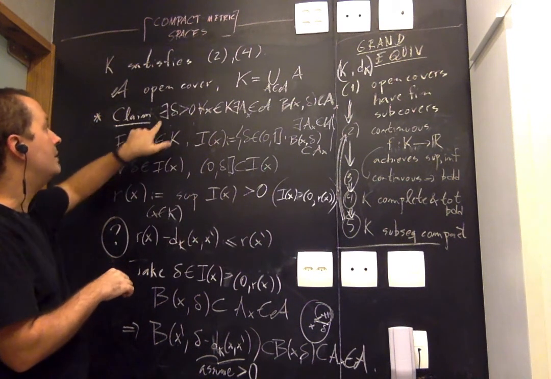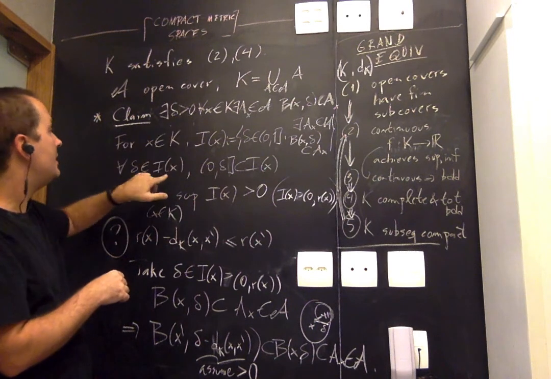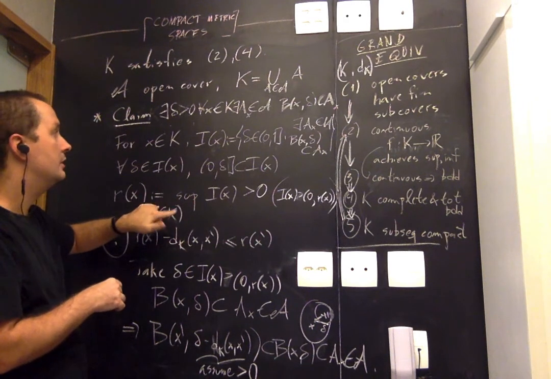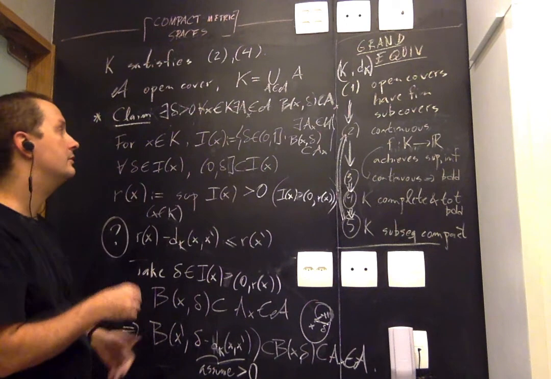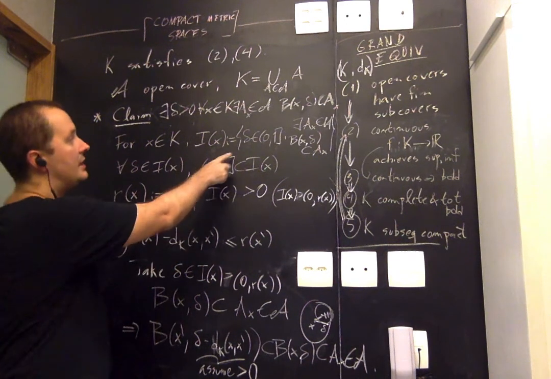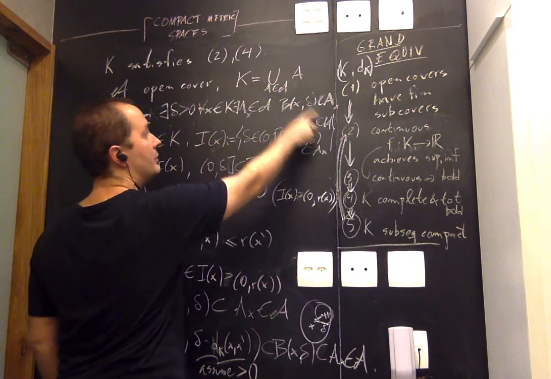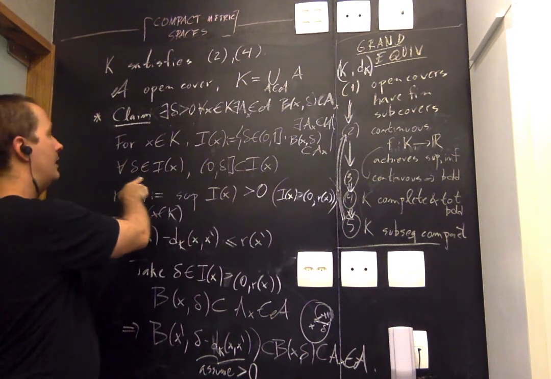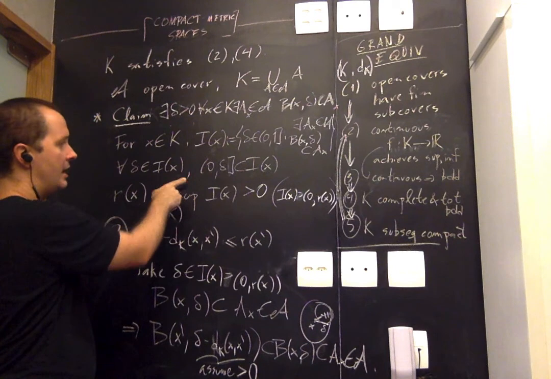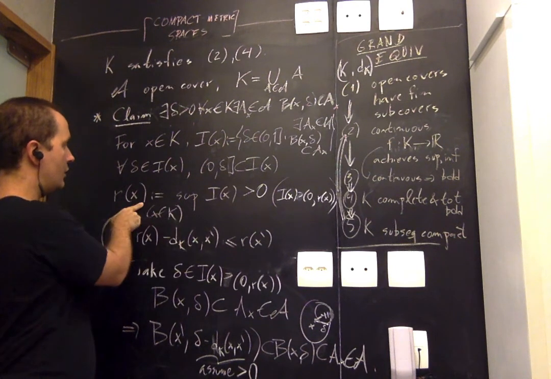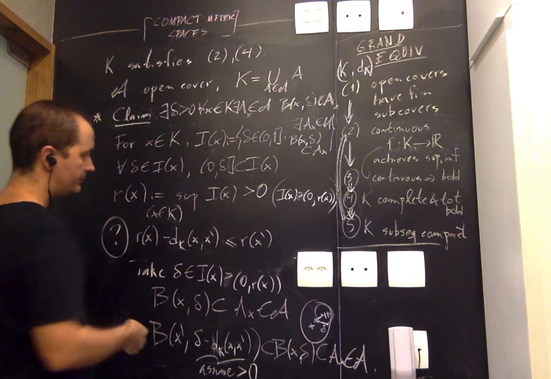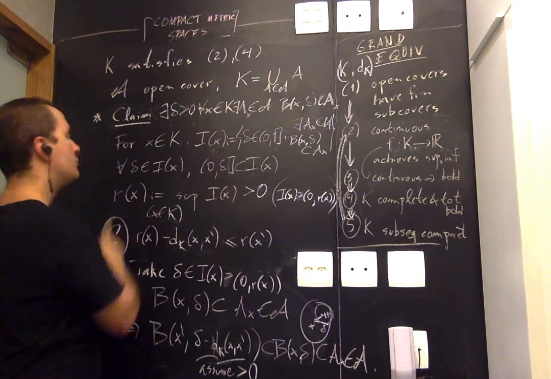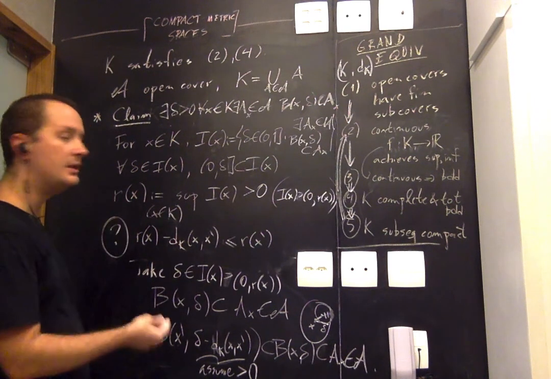How do we prove the claim? We find this delta by taking the sup of a continuous and positive function. We define this I of X, a set of delta such that you can cover the ball of radius delta by a set in the open cover. We find these guys here. Then we have R of X to be the supremum. And we prove that this function R of X is positive and continuous.